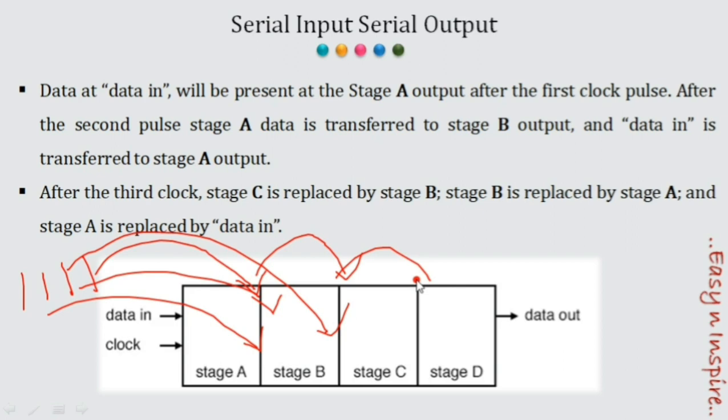Like this, after 4 clock pulses, output is produced here. Please remember how it is propagated. Data is shifted like this.